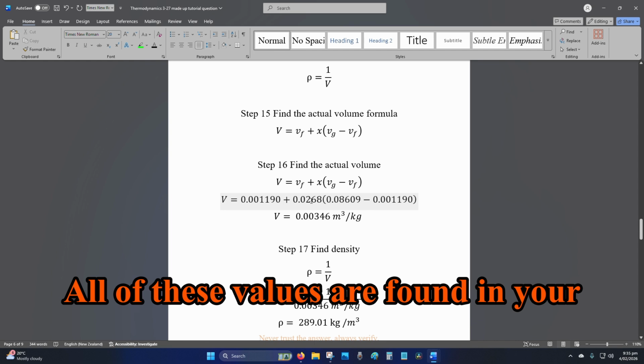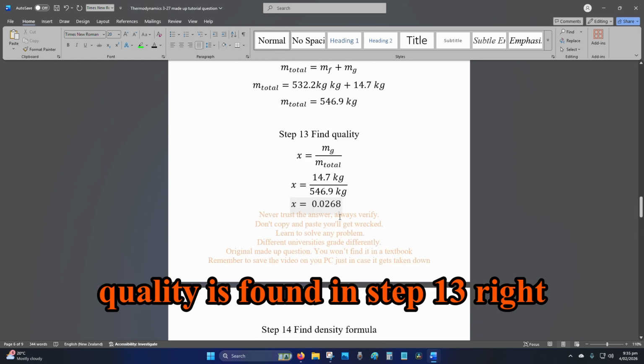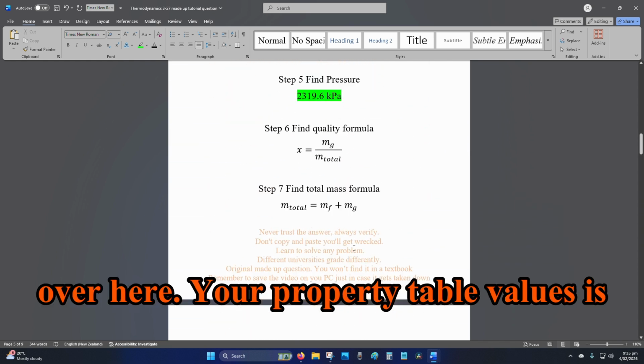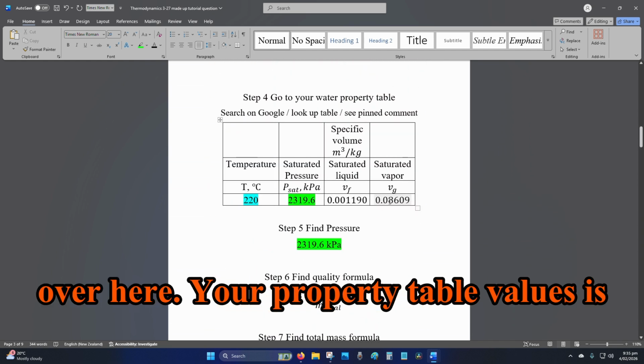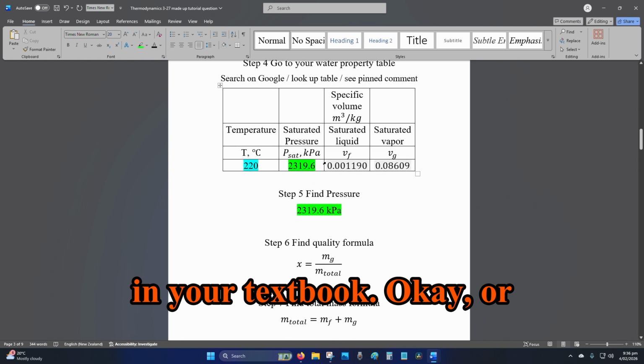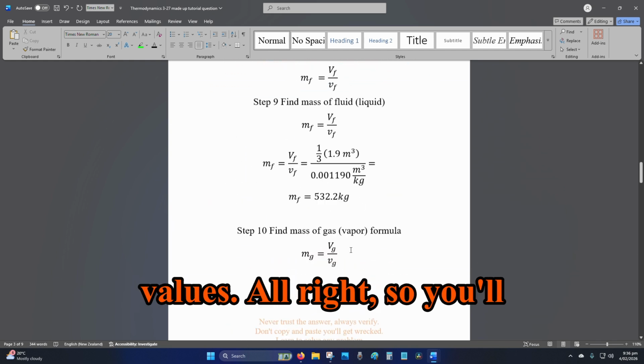All of these values are found in your property table, and the quality is found in step 13 right over here. Your property table values is in your textbook. Okay, or in step 4 if you don't have the textbook. So just use these two values.